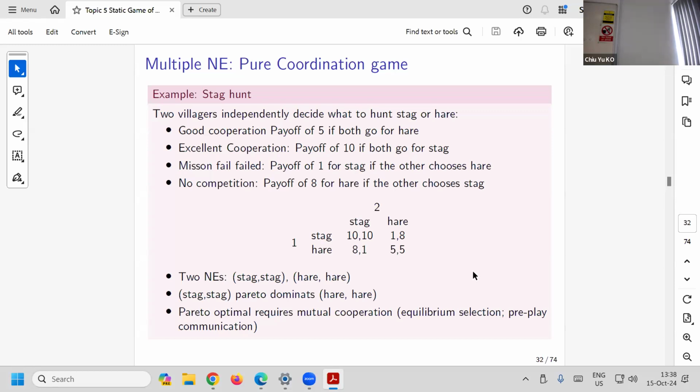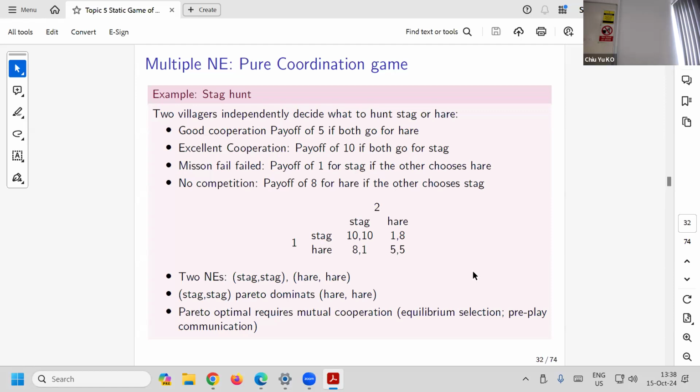What remains to check is the last one, 5 and 5. Is it also an equilibrium? We check every single agent. Does player 1 want to switch from hare to stag? No, because 5 is better than 1. Similarly, is player 2 going to change from 5 to 1? No. So here we can see we have 2 Nash equilibria.